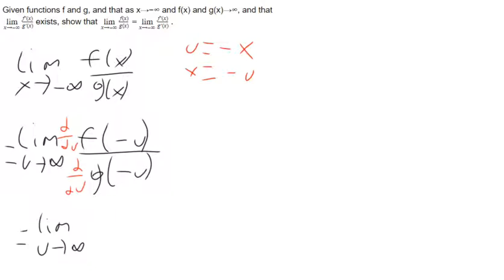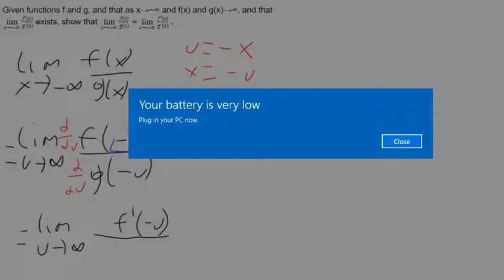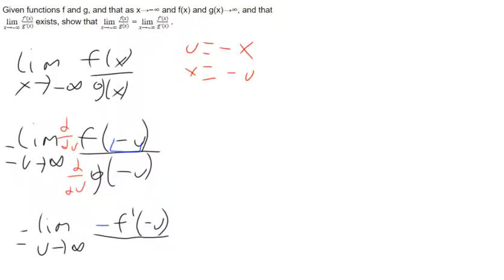The derivative of f of negative u is going to be f prime of negative u, but then we will remember the chain rule and multiply by the derivative of the inside function, which is negative 1. And on the bottom, we'll basically get the same thing, but with g instead. So we have negative g prime of negative u.